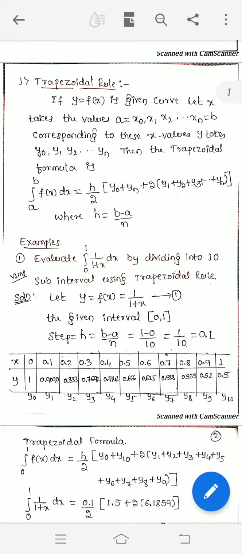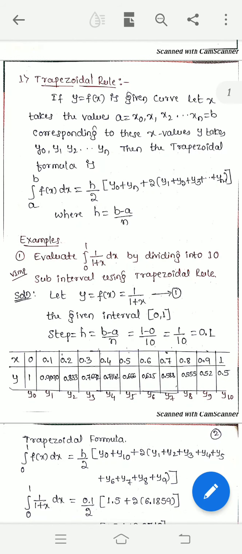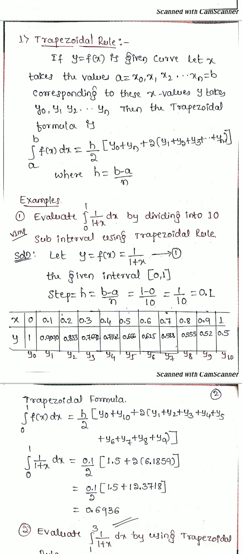Here a and b are the limits of the integral. We divide the interval ab into n sub intervals, that is x0, x1, x2 and so on up to xn. Corresponding to these x values, the y values are y0, y1, y2, up to yn.